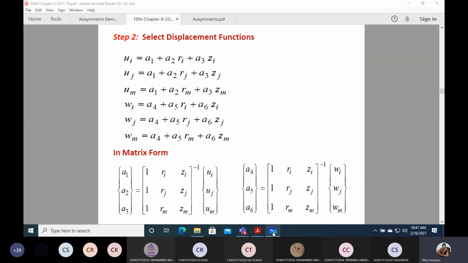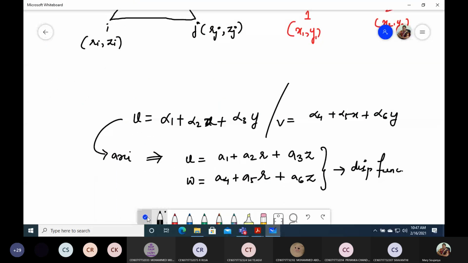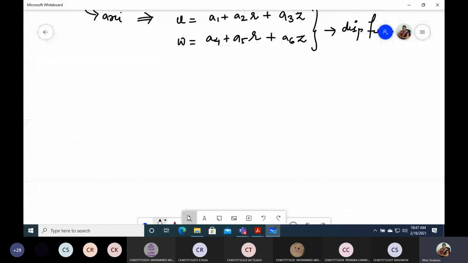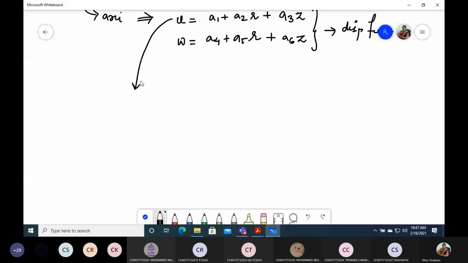What is this, do you remember? Because the displacement function is taken in this format, when it is at coordinate i, what will happen? It is a1 plus a2 ri plus a3 zi.